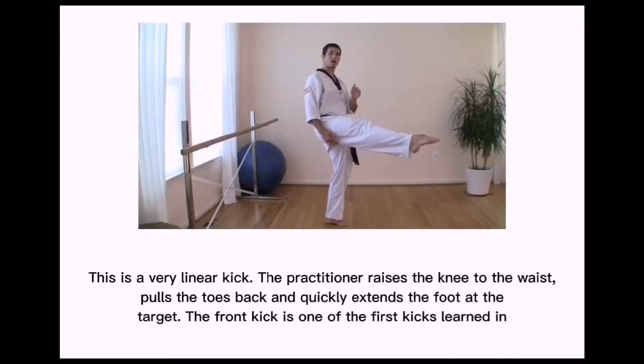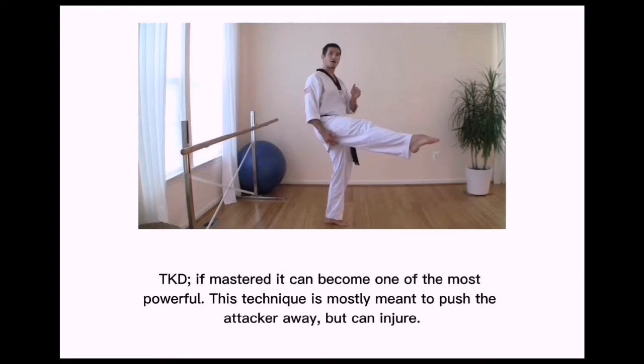This is a very linear kick and quickly extends the foot at a target. The front kick is one of the first kicks learned in taekwondo. If mastered, it can become one of the most powerful. This technique is mostly meant to push the attacker away, but can injure.